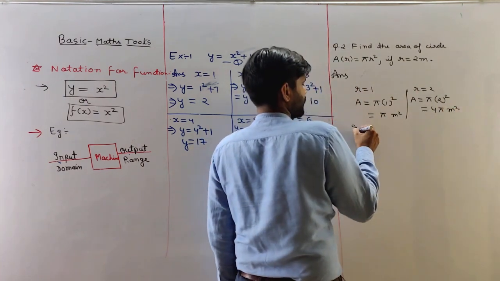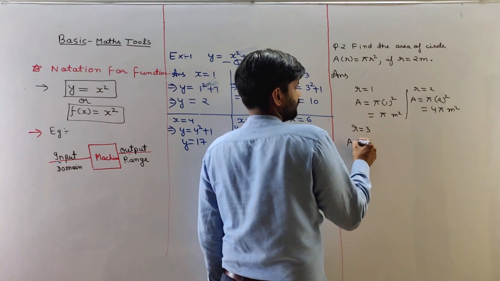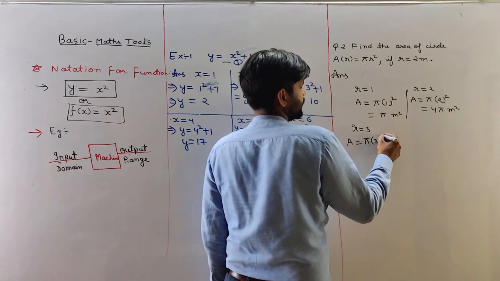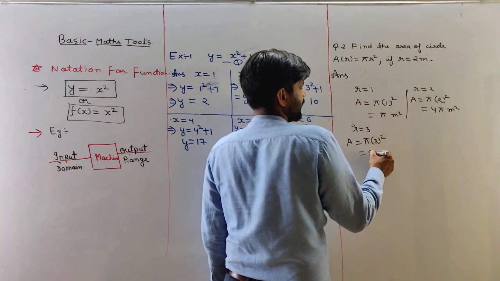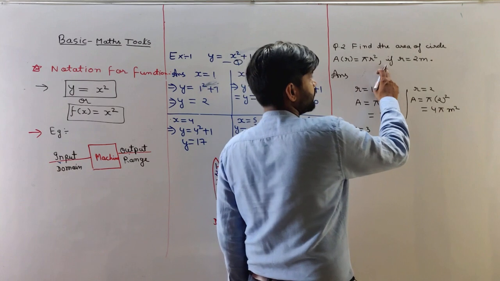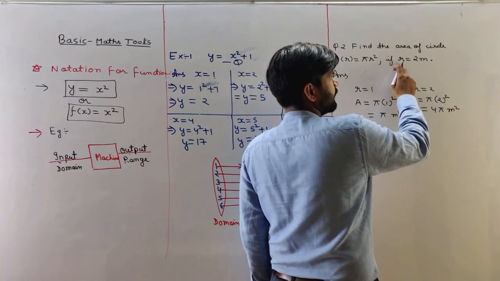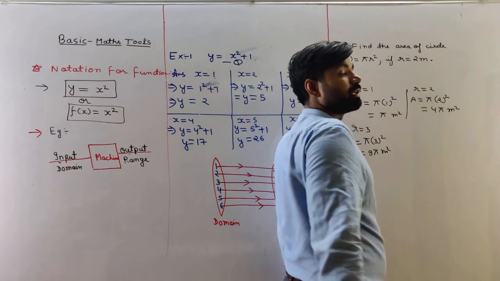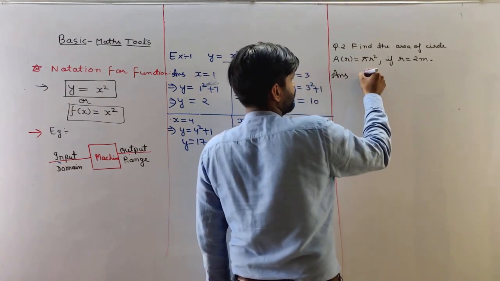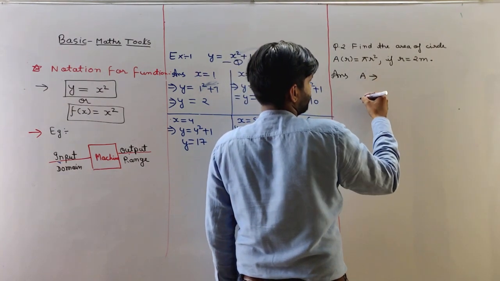If we put r is equal to 3, then A is equal to pi 3 square, that is equal to 9 pi meter square. Understand? But in this question, it is given that r is equal to 2 meter.